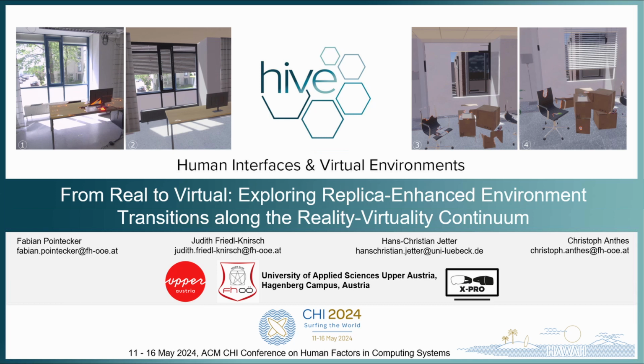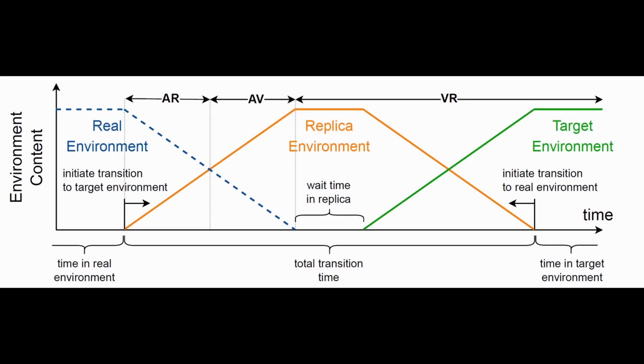We performed a user study retrieving qualitative information about the overall transition process, comparing the 4 techniques to a baseline condition. While the content of one environment decreases, the content of the next environment increases.